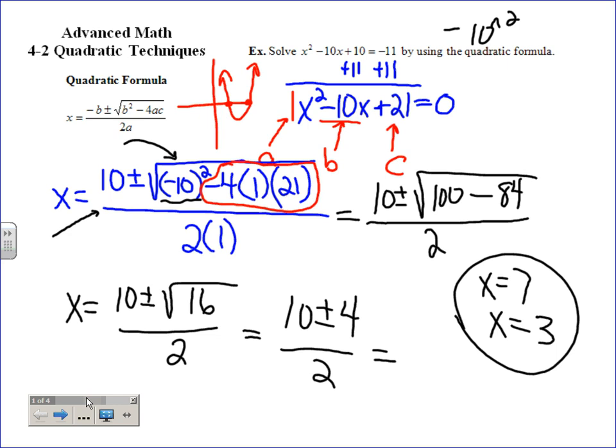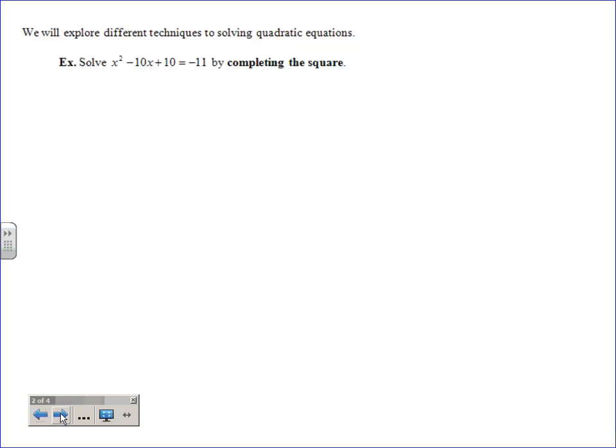Would it have worked? No. If it comes out to rational numbers, factoring would have worked. Does factoring always work? No. Does quadratic always work? Every time. Could you possibly make an arithmetic error? You could, but quadratic itself always works. Now you may notice I've given you the exact same problem.